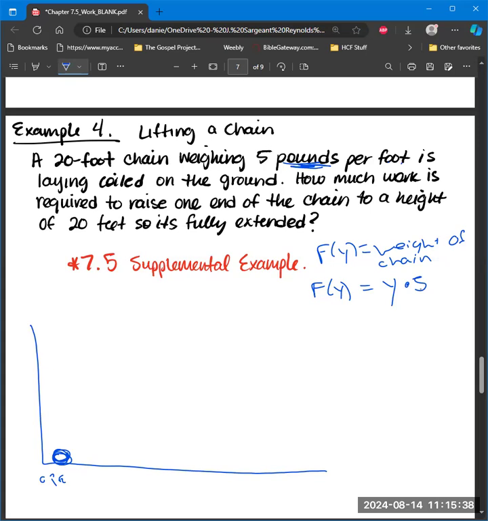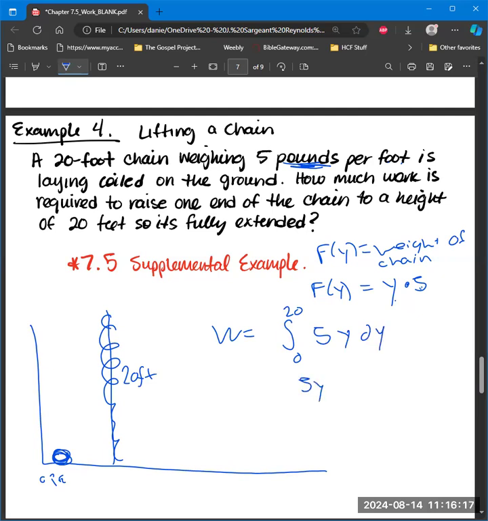So we need to take 5 pounds per foot times the number of feet to get the weight of the chain that's in the air that we're lifting. And our work is going to be here, there's 20 feet of chain. So we've lifted 0 feet of chain to we've lifted 20 feet of chain. And the weight that we are lifting is 5y. And we're integrating with respect to y.